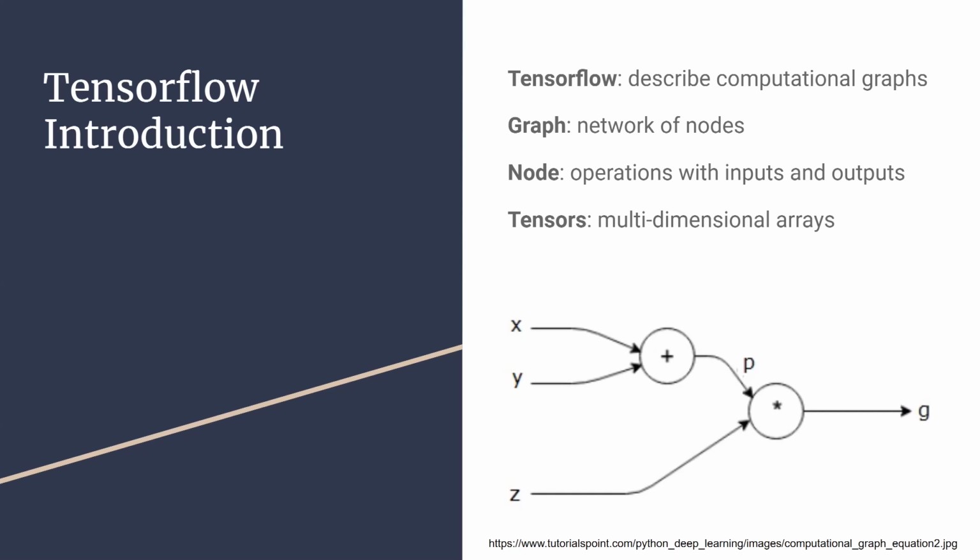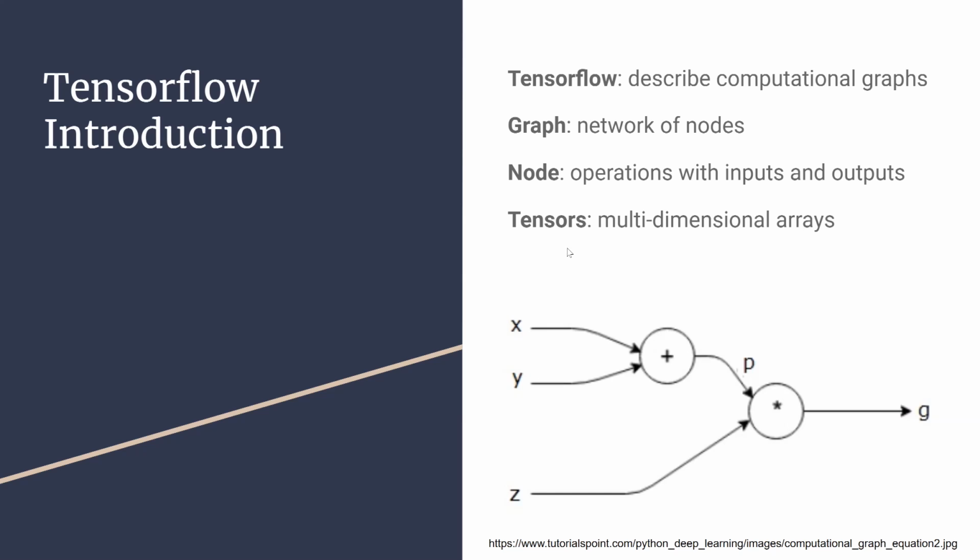TensorFlow, essentially, is used to describe computational graphs. An example of a computational graph is here as well. In this picture, basically a graph has a network of nodes, and each node has operations with inputs and outputs.